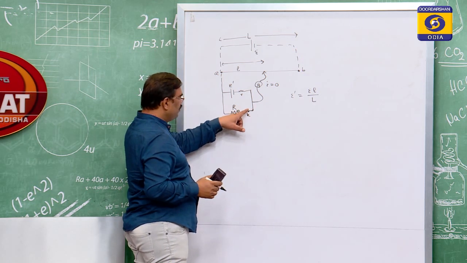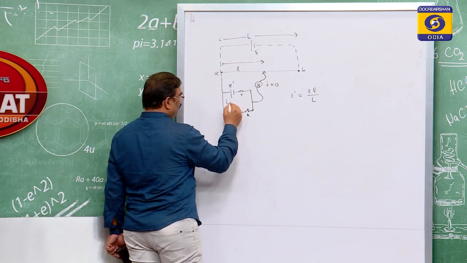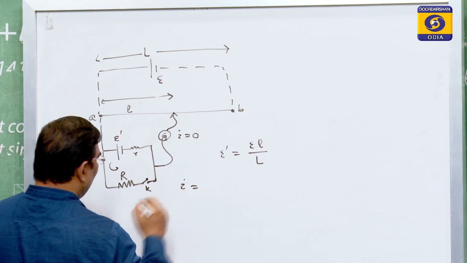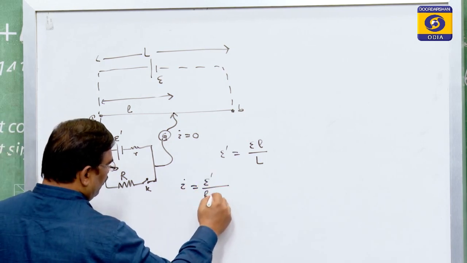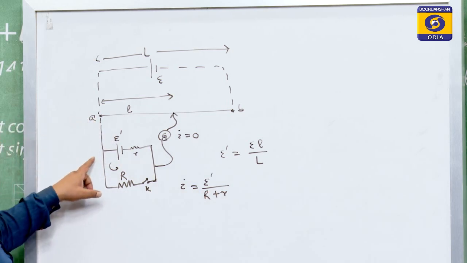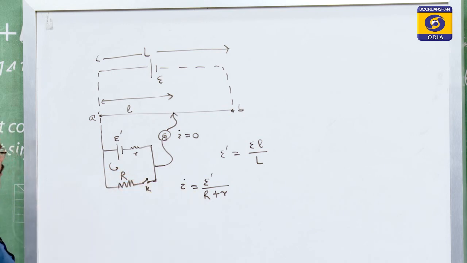Now, suppose K is closed. If K is closed, there will be a current passing through this branch. What is the current I? The current I will be E dash divided by R plus r.